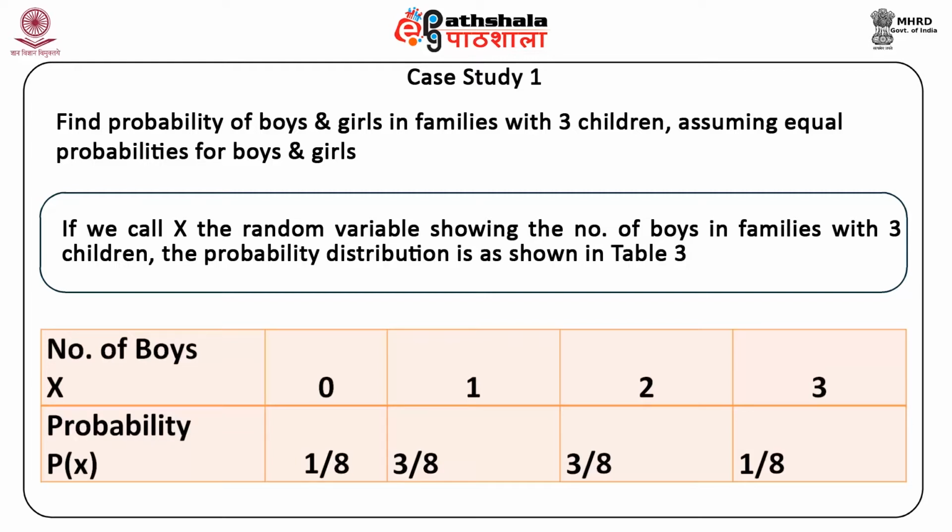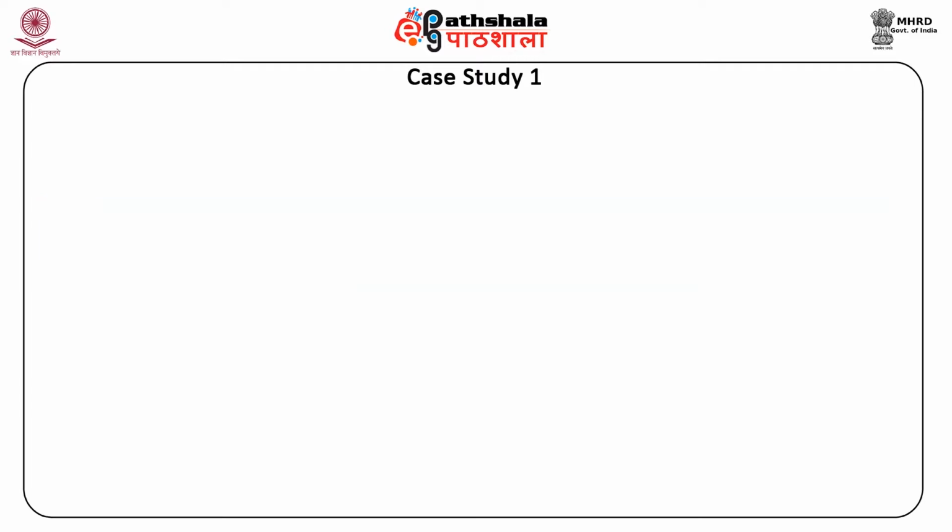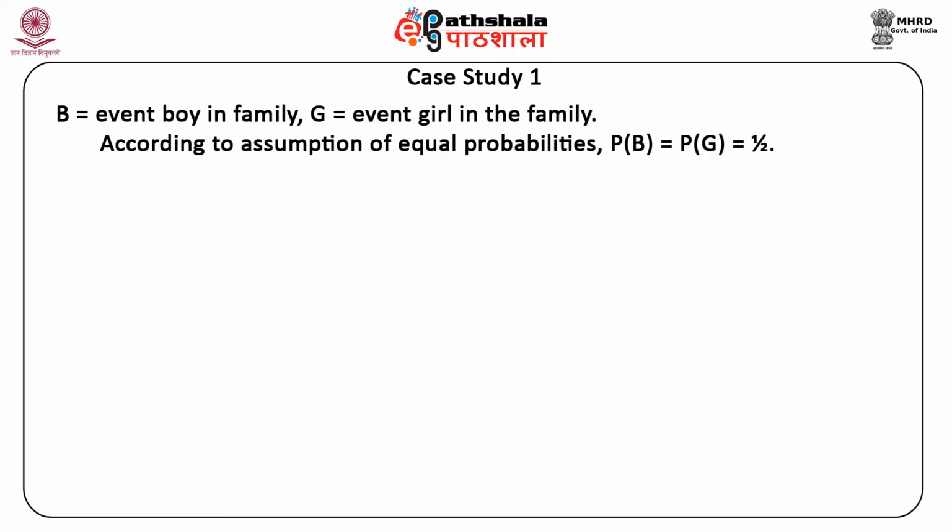The corresponding probability P(x) is equal to 1/8, 3/8, 3/8 and 1/8. As per table 3, B is the event of a boy in a family and G is the event of a girl in the family. Now, according to the assumption of equal probabilities, probability of B is equal to probability of G is equal to 1/2.